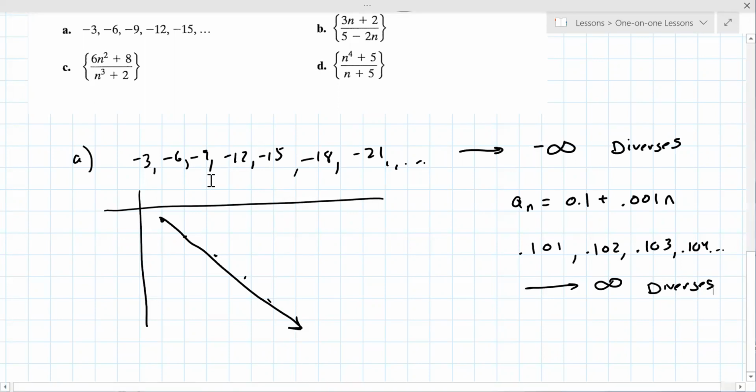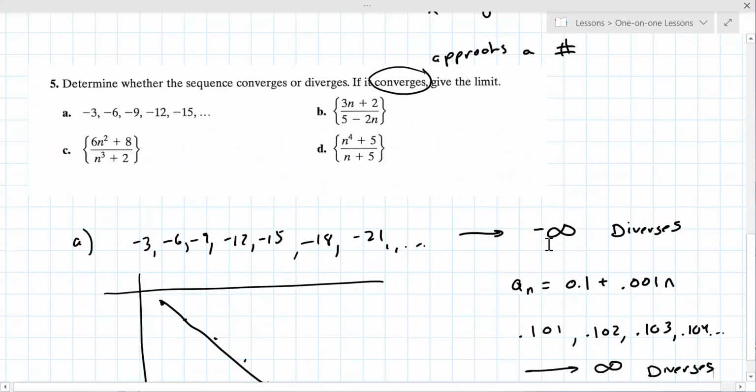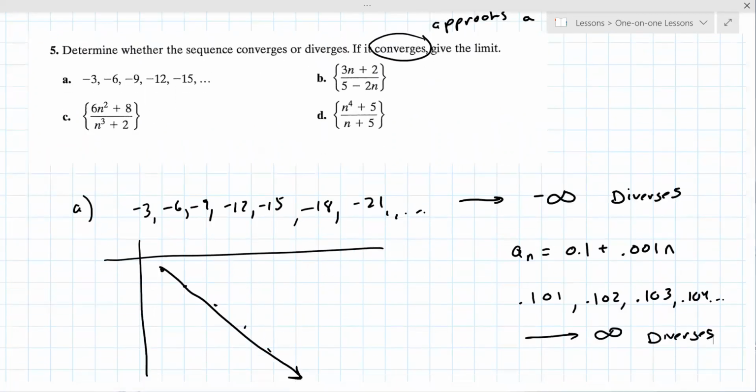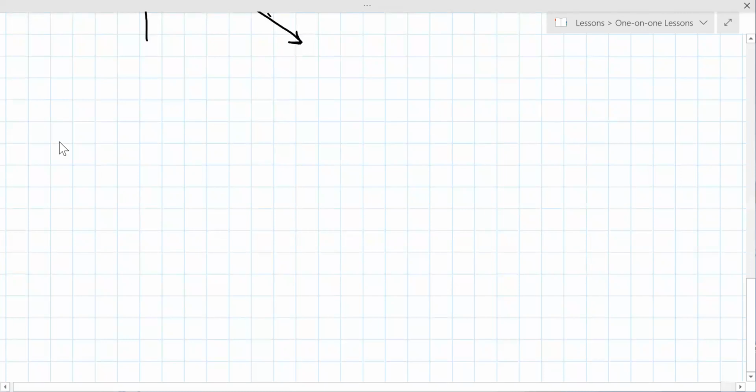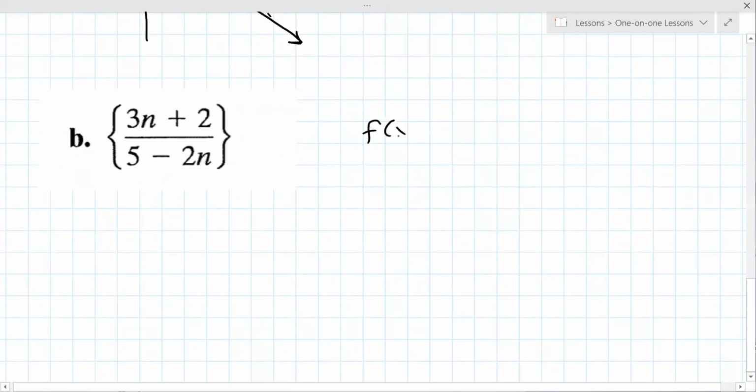Now cases B, C, and D are these ones, like B, for example. Let me snip B again. The question they're asking you is analogous to the following. Let's say I told you that f(x) equals (3x plus 2) over (5 minus 2x), and I said, what is the horizontal asymptote?